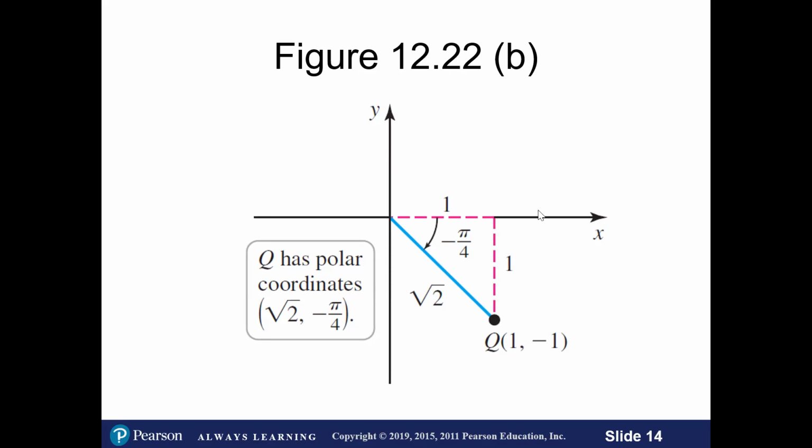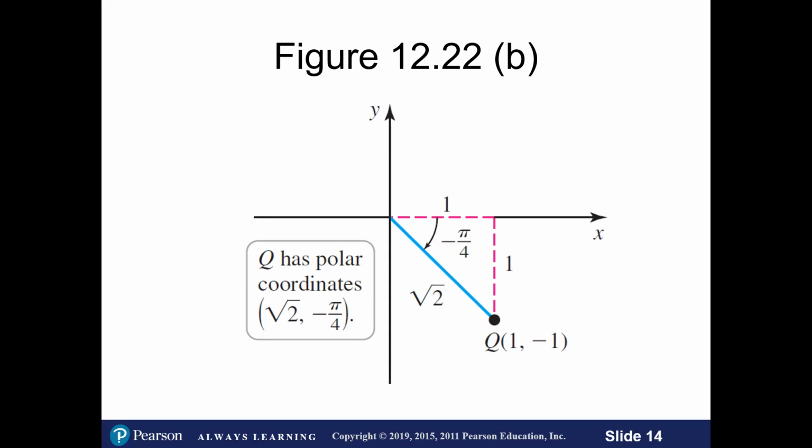That only covers the right half of the plane. So if you're in the other half of the plane, you need to get an angle that's in the other half, so when you get that output from the inverse tangent, you'll need to adjust it appropriately.